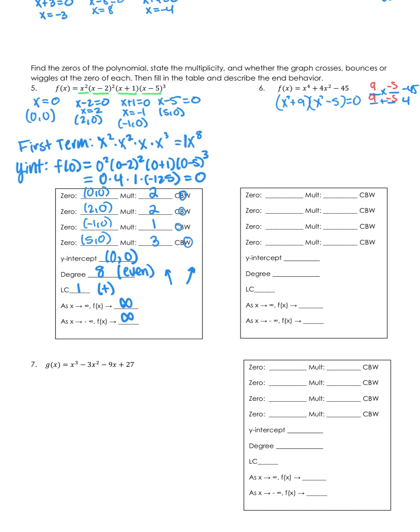So now set your factors equal to 0 and solve. I want you to do this part on your own. Set your factors equal to 0 and solve. So I want you to solve those equations yourselves.